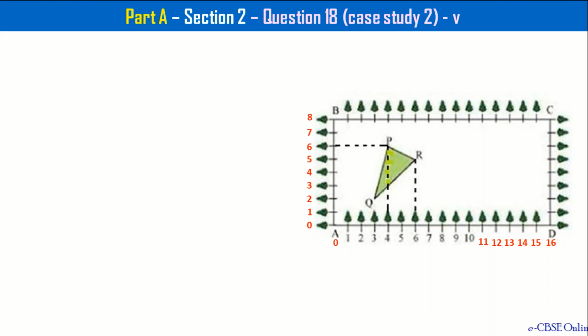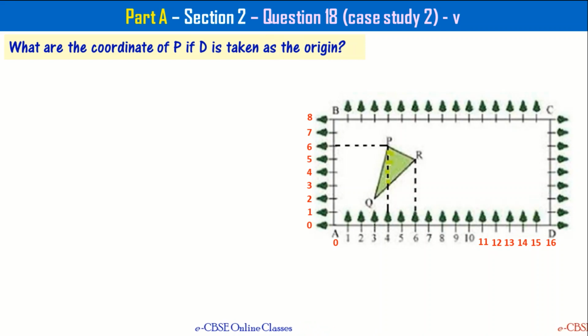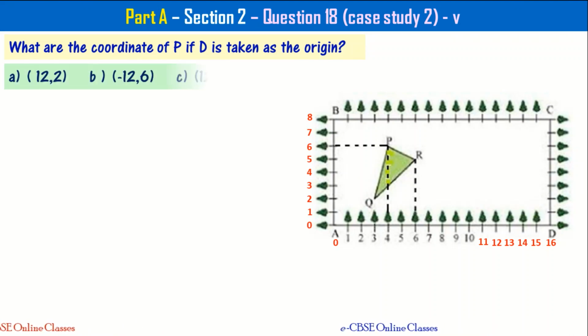The last subpart of case study 2 is: what are the coordinates of P if D is taken as the origin? Till now we have taken A as the origin. Now we have to take D as the origin. It means that the coordinates of the horizontal axis are going to be different, whereas the vertical axis is going to remain the same. So let me put that first.